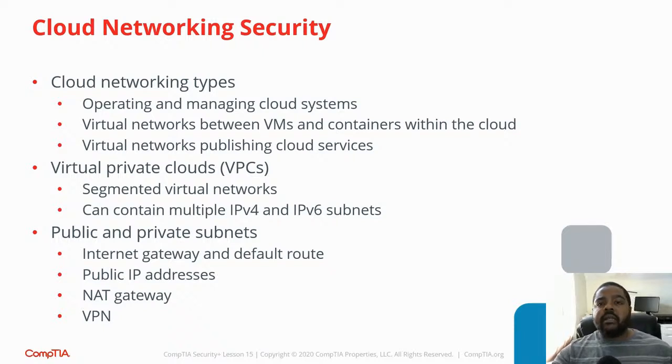And if we can do NAT gateways as well as putting VPNs out there, let's take advantage of those things, because, like I said, the cloud is not necessarily such a new type of technology. It's more popularized nowadays, but it's the same concept of what we've been doing in physical locations.